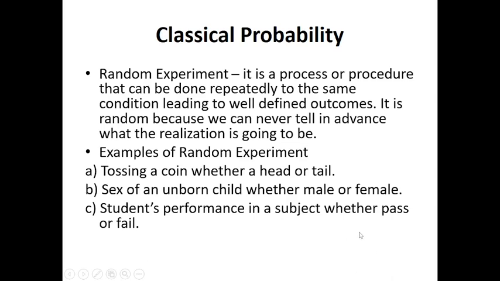So this is what we call a random experiment: the process or procedure that can be repeatedly done, that will lead to well-defined outcomes. Sure na outcome. In that case, that is what we call a random experiment.